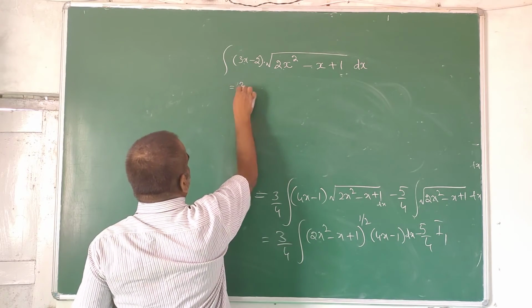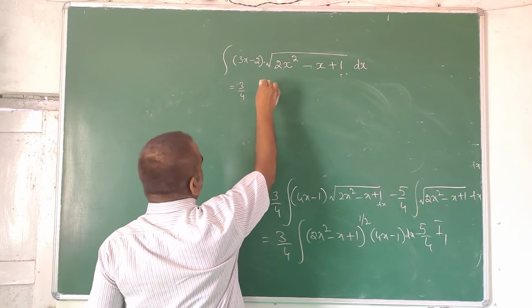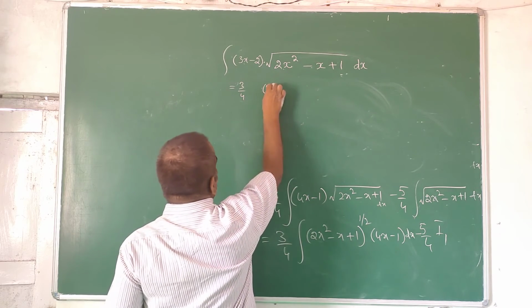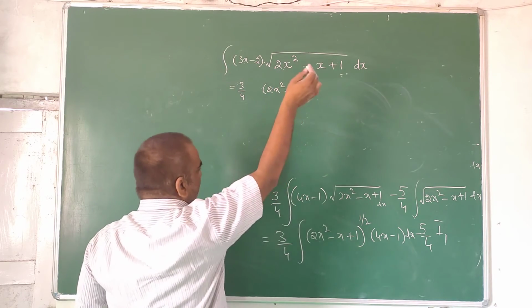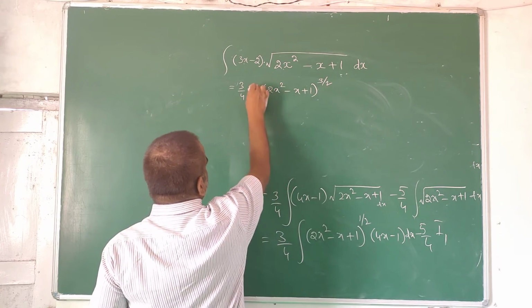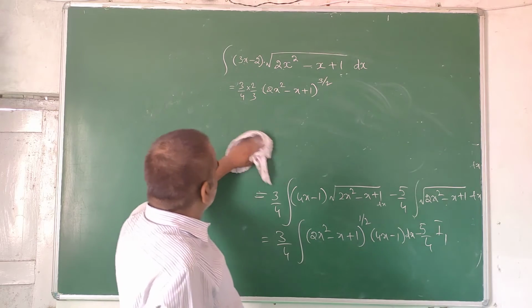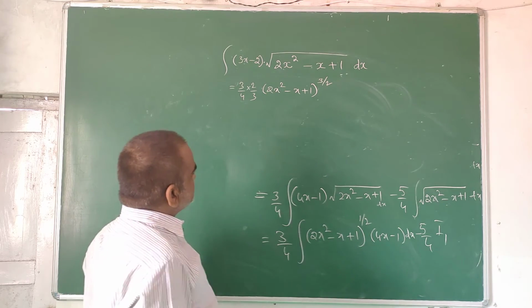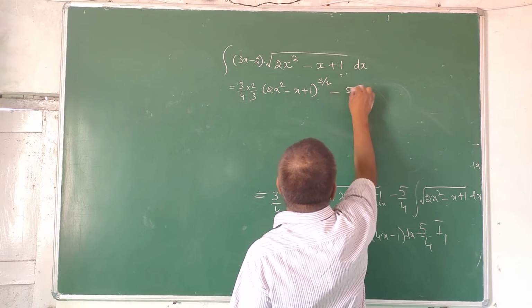So this is equal to 3 by 4 into, if you apply that formula, you get (2x square minus x plus 1) whole to the power of 1 by 2 plus 1, which is 3 by 2, by 1 by 2 plus 1, which is 3 by 2. So that fraction gets reversed. It becomes 2 by 3, minus 5 by 4 I1.